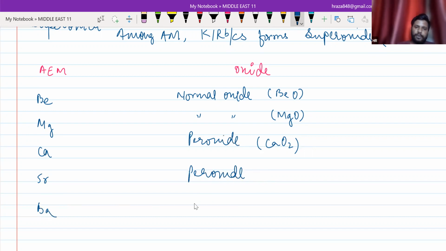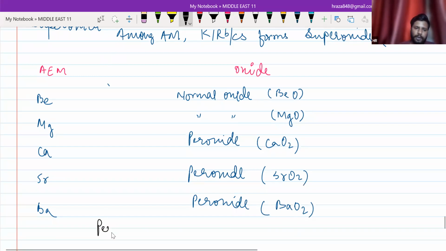And barium will also form peroxide. So basically it will be SrO2 and BaO2. So peroxides are generally formed in major amounts by hydrogen also.